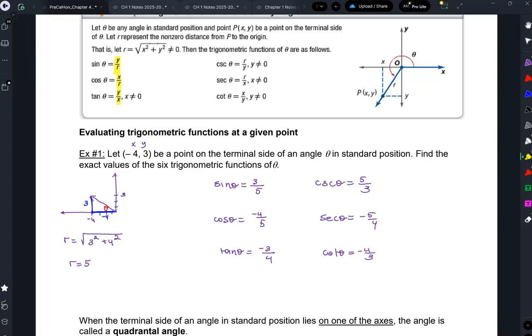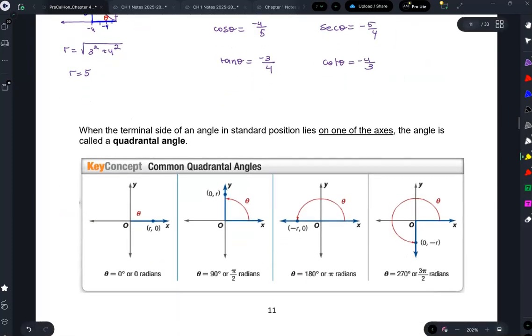So now what if a point didn't fall inside a quadrant, but it fell on one of the axes? In that case, we call that a quadrantal angle. But the process can't be different just because the angle falls on a line. So let's see how that looks. If the angle is on one of the axes, it's a quadrantal angle.